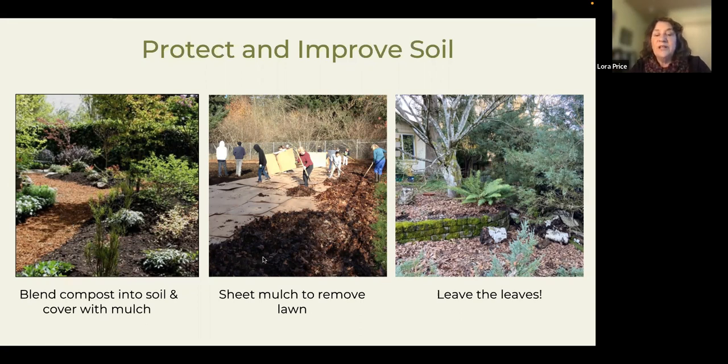We talked about removing some lawn. This middle picture is actually an example of a big sheet mulching project I was a part of in a park where we were converting field grasses to a community garden. That's why you see so many volunteers there.